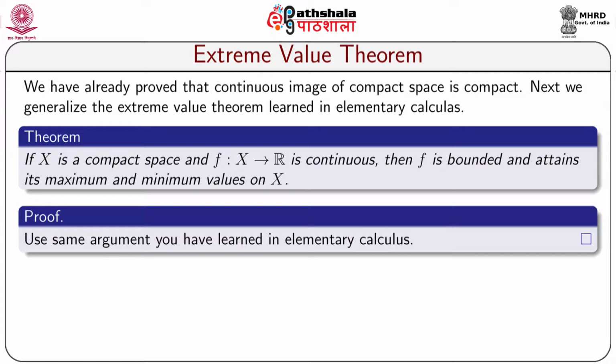So, f of X being a compact subset of R is bounded and closed, hence its supremum and infimum exist and belong to f of X. Therefore, there exist elements in X whose images are the supremum and infimum of f of X. That means f attains its bounds on X. This proves the extreme value theorem.